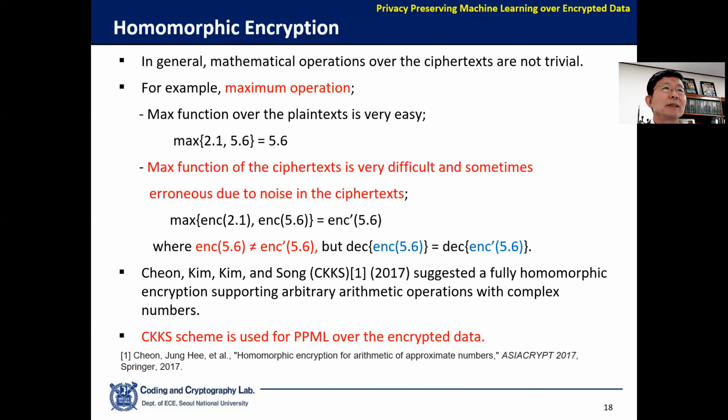So max of encrypt of 2.1 and encrypt of 5.6 is equal to another encrypt of 5.6, where encrypt of 5.6 is not equal to encrypt prime of 5.6, but decrypt of encrypt of 5.6 is equal to decrypt of encrypt prime of 5.6.